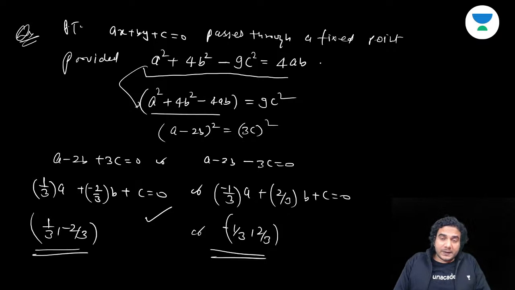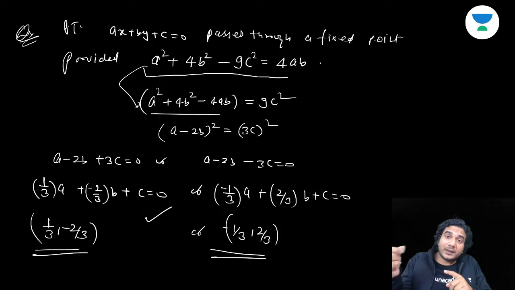The statement is this: whenever you need to prove that a variable line, why I'm saying variable, because there will be some parameter in the equation of that line. There might be one parameter, there might be two parameters, and there might be three parameters, but in that case, you should know a linear relation in three parameters, like we are doing here.